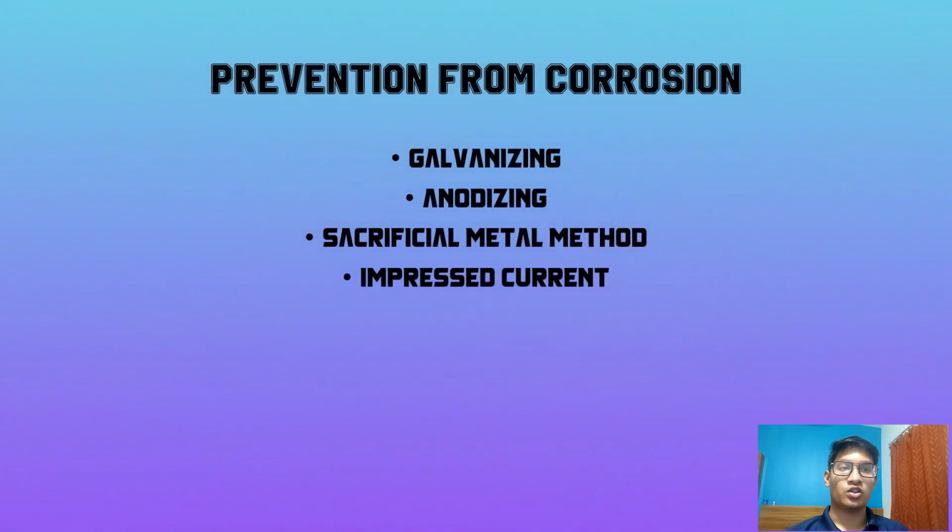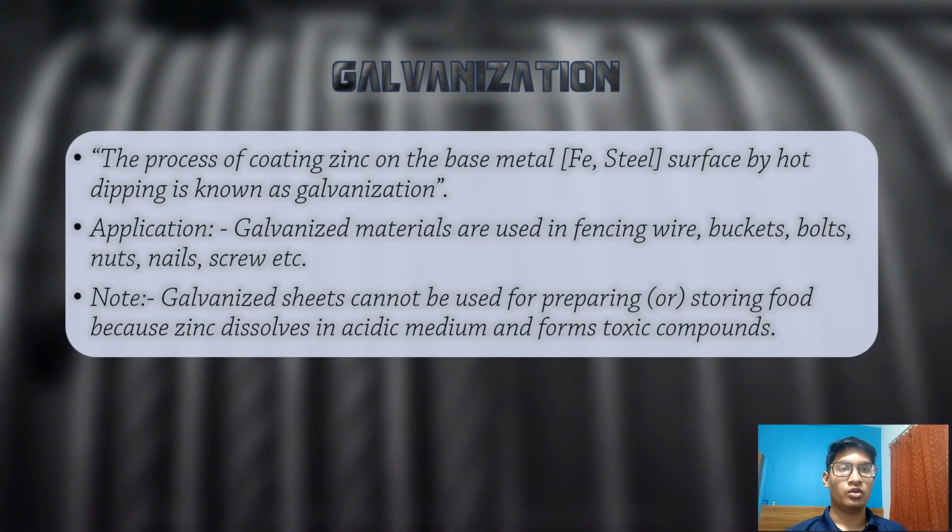Now, moving on to prevention from corrosion. First is galvanizing, then anodizing, sacrificial metal method, impressed current method. Now, galvanizing. The process of coating zinc on the base metal, Fe steel surface, by hot dipping is known as galvanizing.